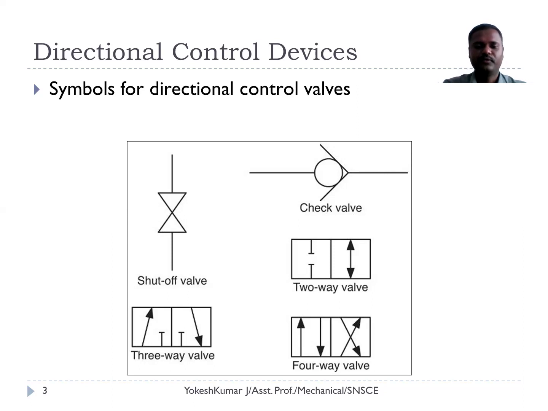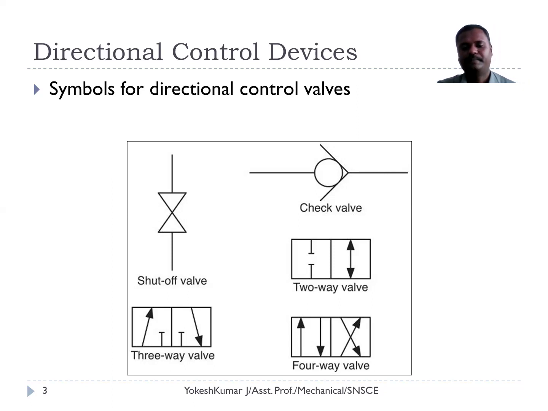And this is called a four-way valve, which has two positions and four ports. As I already told you, this port is called the pump port and this port is called the tank port or reservoir port. This port is called the actuator port A and this port is called the actuator port B. And we have two positions.